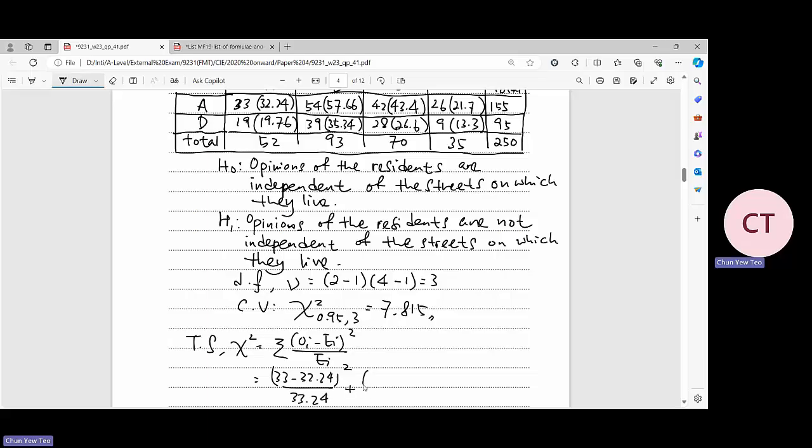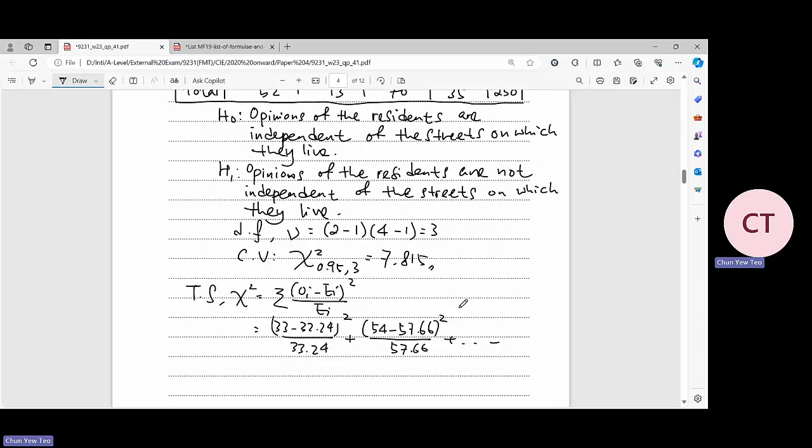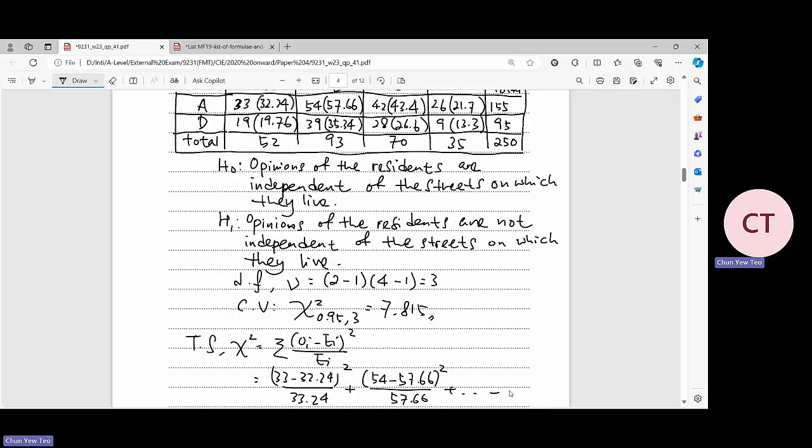Then after that, you plus the 54 minus 57.66 square divided by 57.66 and so on. So you plus until the last one, which will be 9 minus 13.3 square divided by 13.3.